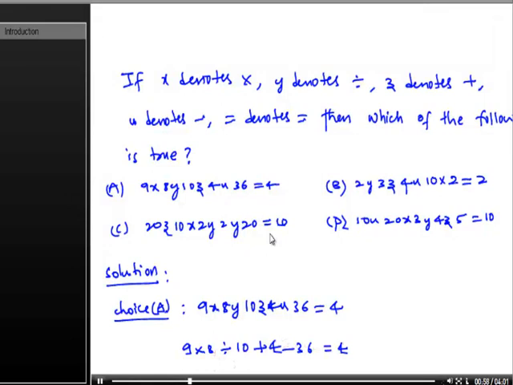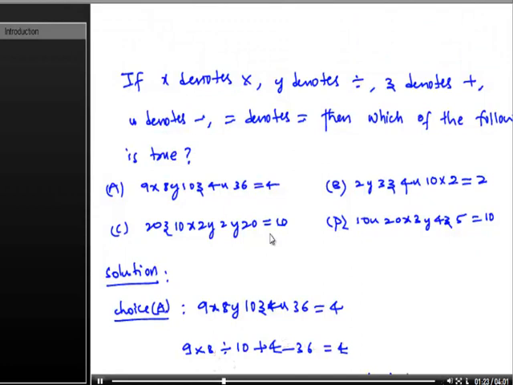Clearly, in the LHS we'll get a decimal value because 9 into 0.8 will be a decimal, added to a whole number is again a decimal, again subtracted from a whole number is again a decimal number. Therefore, LHS is a decimal number, RHS is a whole number, which is a false statement.